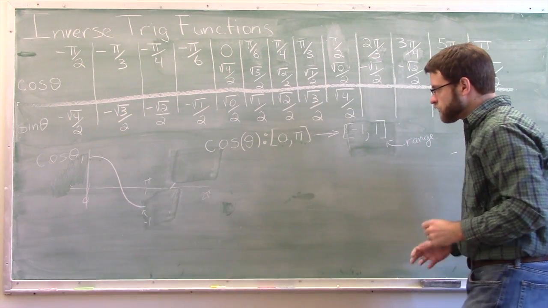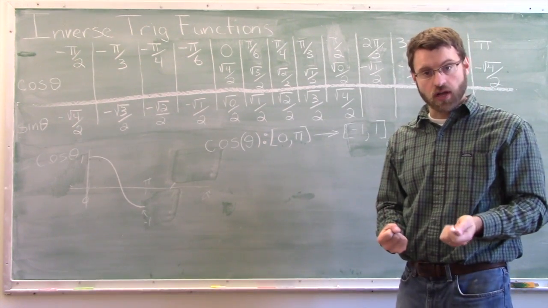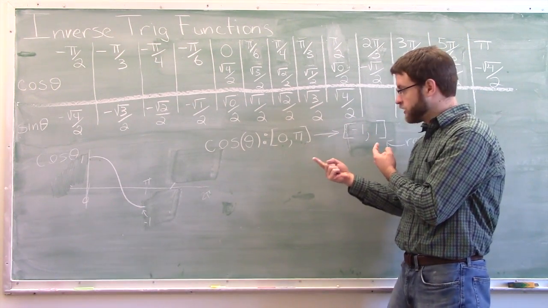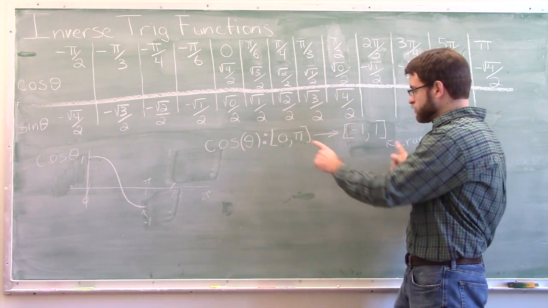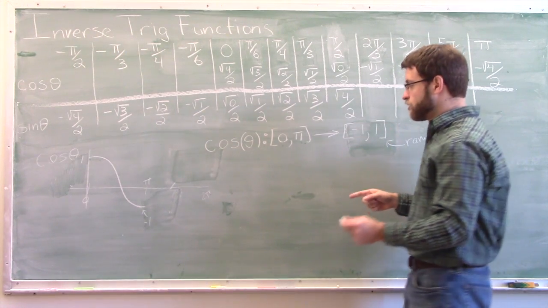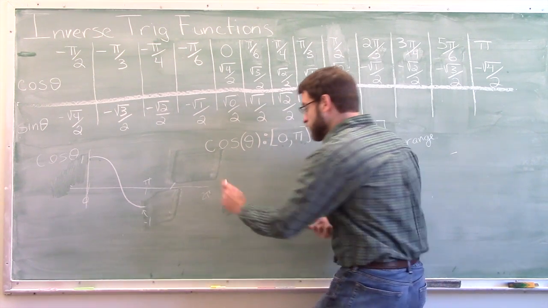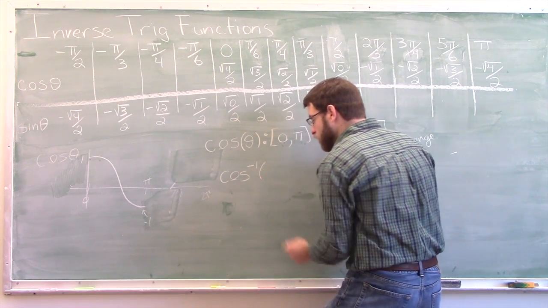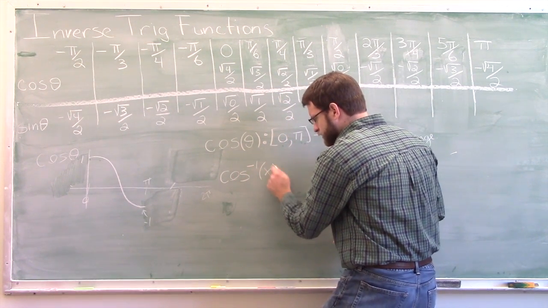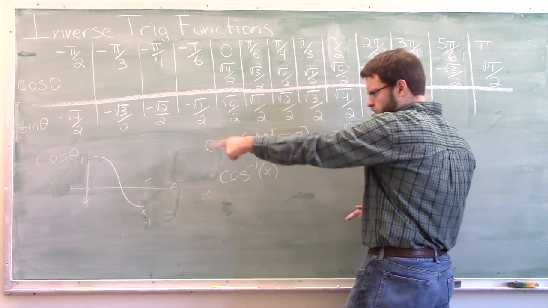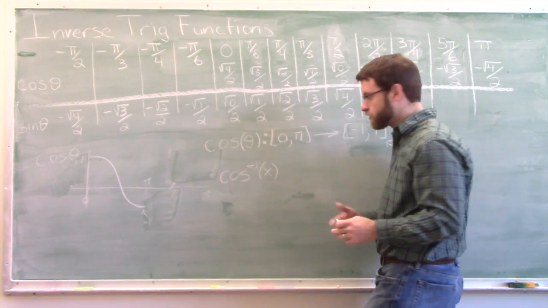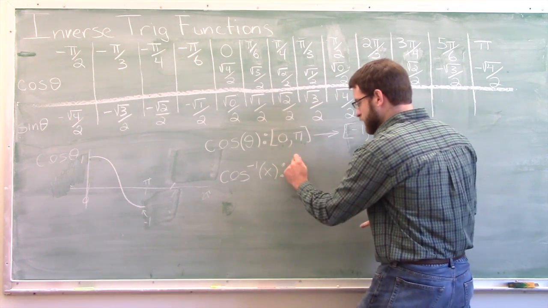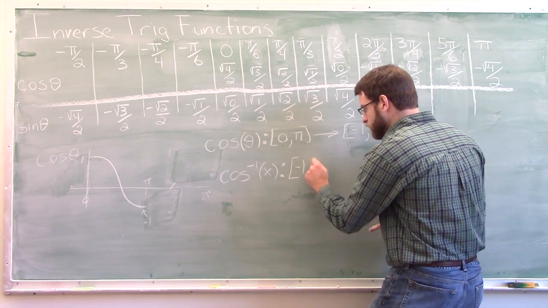And now, the inverse cosine's job is going to be to reverse this function, to switch the roles of the domain and the range. So here's one notation for the inverse cosine. We could say cosine to the minus 1 of x, and I'm going to call its argument x, because it's not going to be the angle in general, it would be the output of cosine, which is usually like a length or something. So cosine inverse of x is a map that takes the interval from -1 to 1.